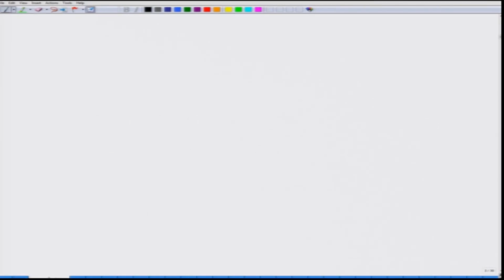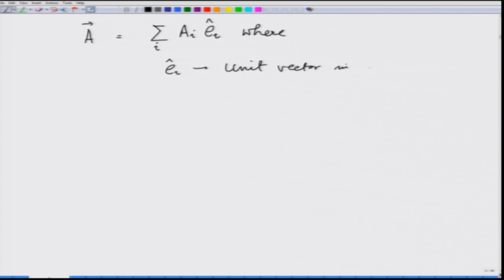So, for example, vector a could be written as summation i a_i e_i, where e_i is the unit vector in the ith direction.